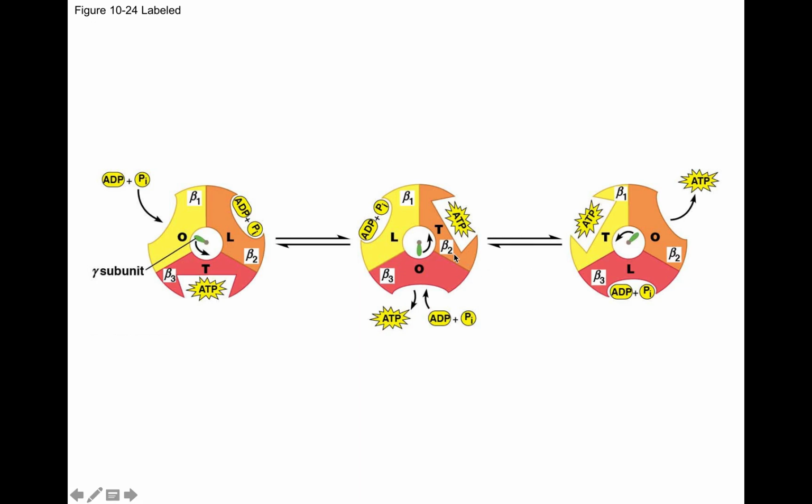One more rotation of the gamma subunit, and it goes to the tight conformation where ADP and P are smushed together to make ATP. And the same thing is happening on these other beta 2 and beta 3 subunits. So that when this returns to the open conformation, ATP will then leave and new ADP and P come in.